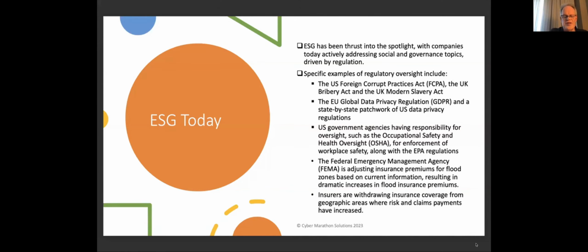There's an interesting organization called the First Street Foundation. Initially they went around and looked at every single property in the United States and assigned a flood risk to it based on current data.